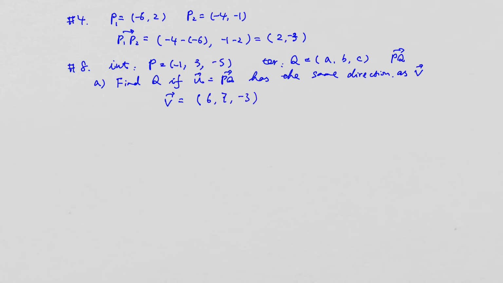So that means U and V have the same direction. If they have the same direction, one is a multiple of the other, so U is equal to a multiple of V. You don't know whether they're the same length or different lengths, so this problem has many answers. We're just going to make it easy and pick k equal to 1. That means U and V have the same length, which is easier to do.